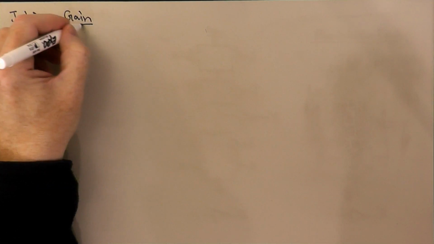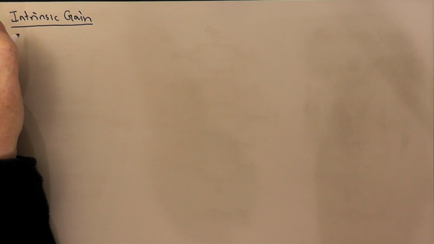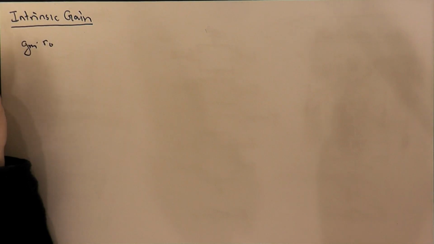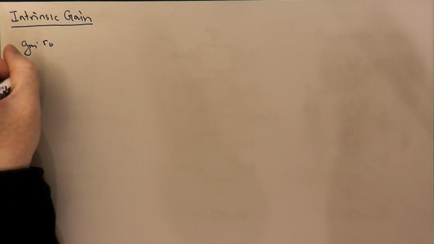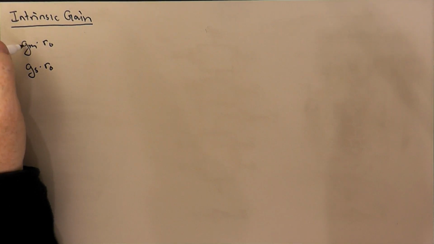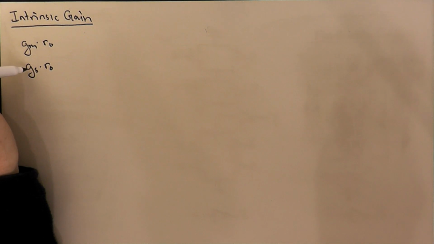So we had intrinsic gain of a MOS transistor, and this was basically the product of either GM times RO for a transistor, or GS times RO. So this is the transconductance gain of the transistor times its incremental output resistance, and this is the incremental source conductance times its incremental output resistance.